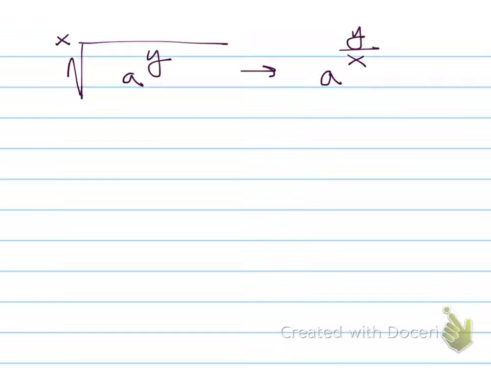It stays as the base of the exponent. So a is the base of the exponent under the radical sign. It will still be the base of the exponent. The index becomes the denominator of the fractional exponent, and the y becomes the numerator of the fractional exponent.